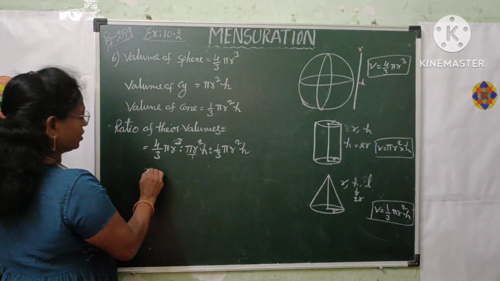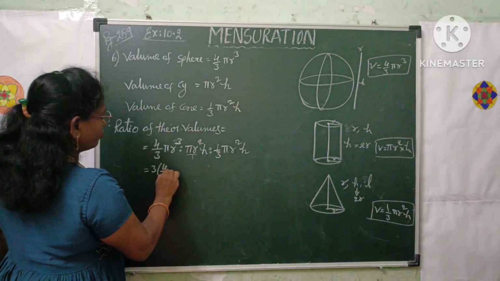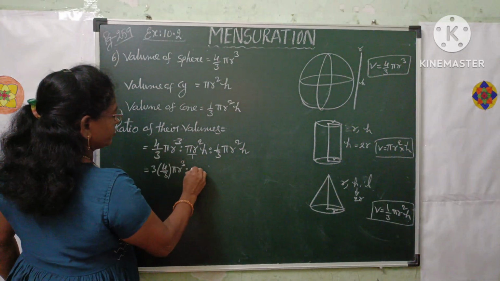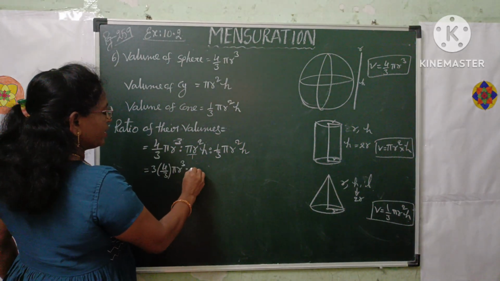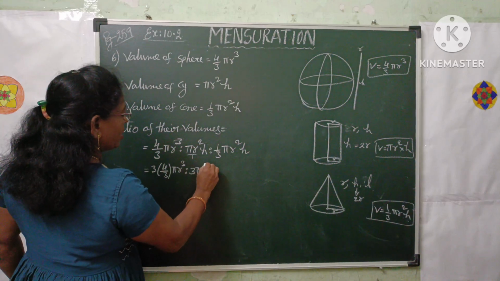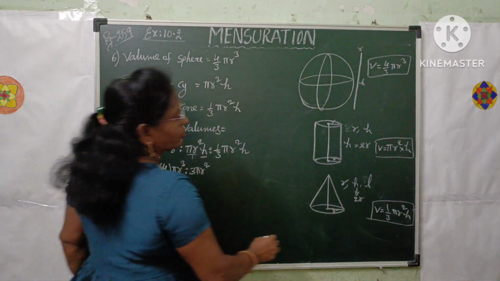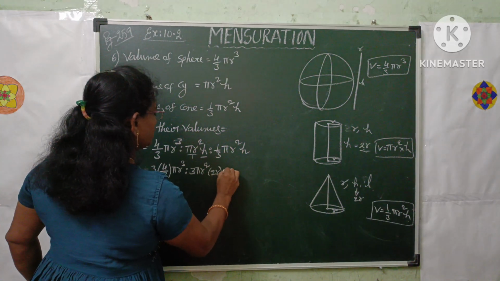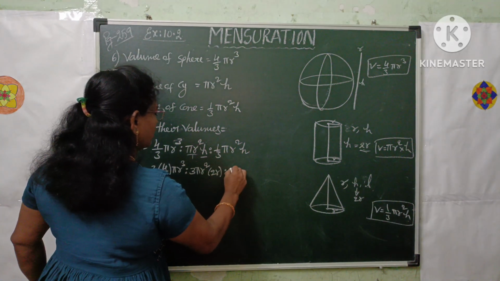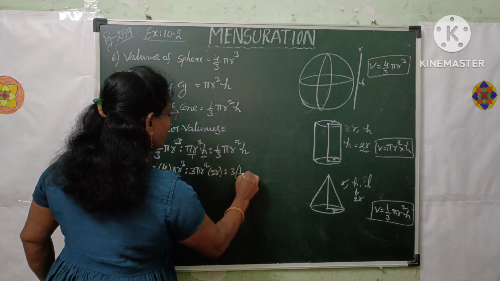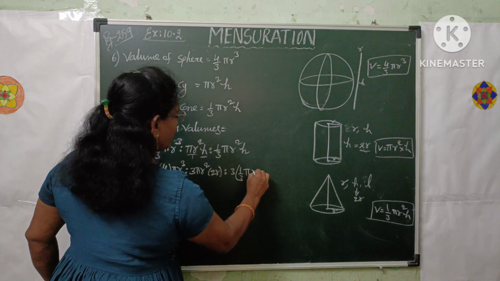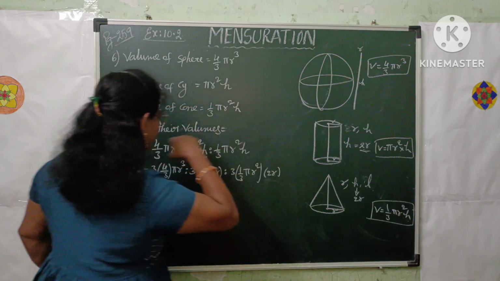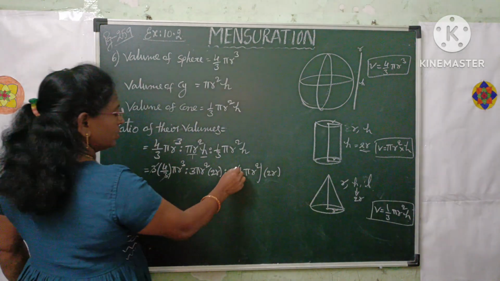So 3 into 4 by 3 pi r cube is to 3 pi r square, and here h equals 2 into radius, so 2r, is to 3 into 1 by 3 of pi r square into h, that means 2r. The 3s cancel.